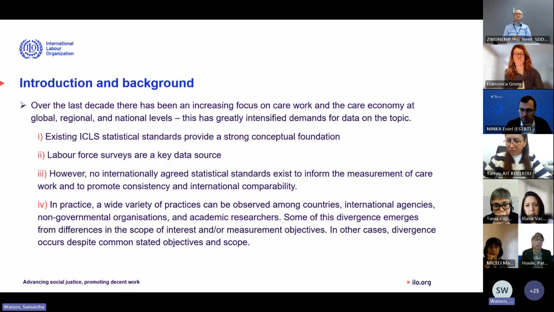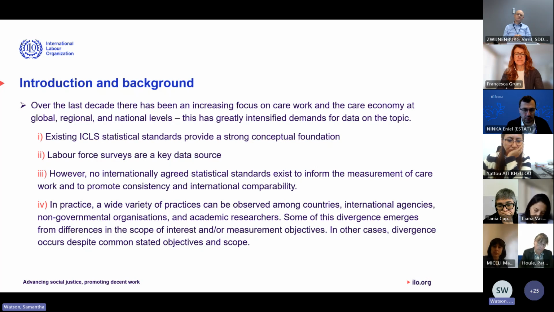From the ILO perspective, we're positioned quite well on this because the existing ICLS statistical standards provide a very strong conceptual foundation. Labour force surveys are a key data source, as Patricia said, in combination with other data sources. But one of the issues is that there are no internationally agreed statistical standards to inform the measurement of care work as a concept. We have our statistical definition of work, but we don't have an internationally standardized, recognized statistical reference definition of care work.